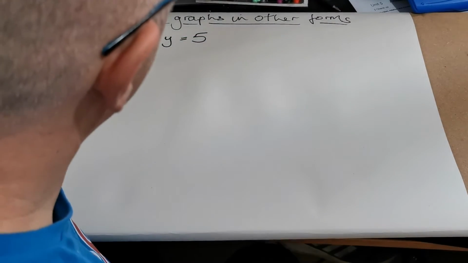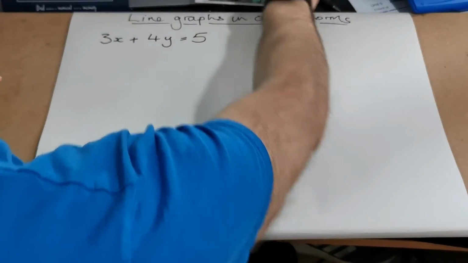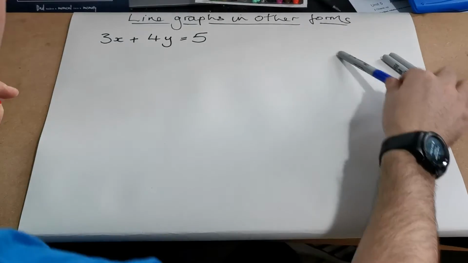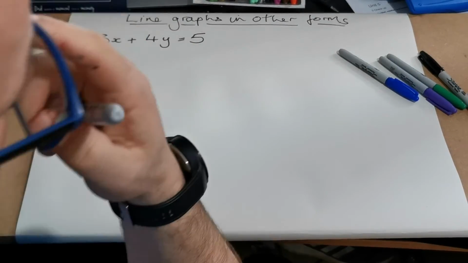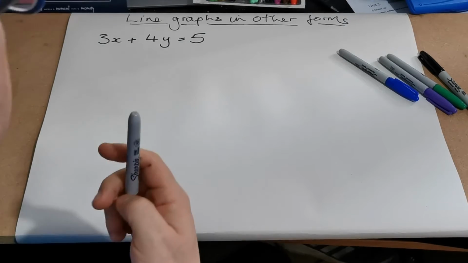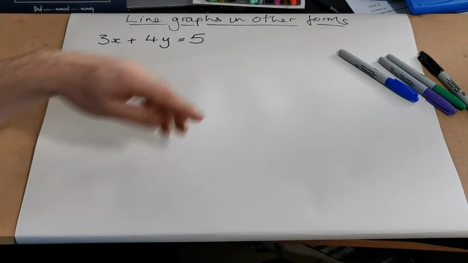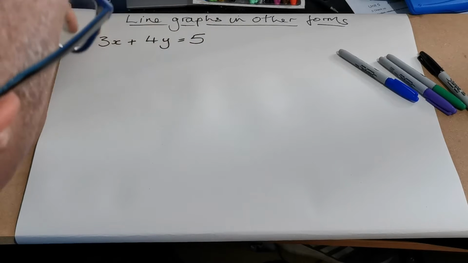Hi guys, last time we looked at y equals mx plus c and how we can find the gradient and intercept by just looking at that format of graph. Now sometimes you may get a graph given to you like this.